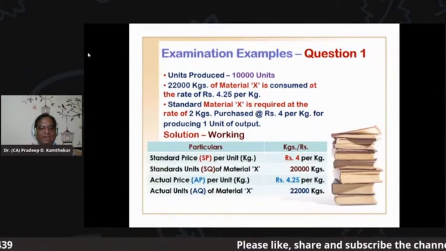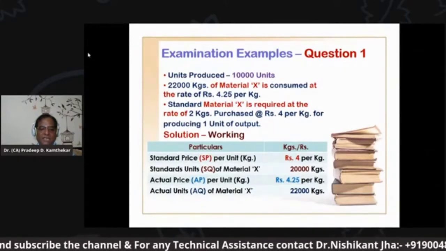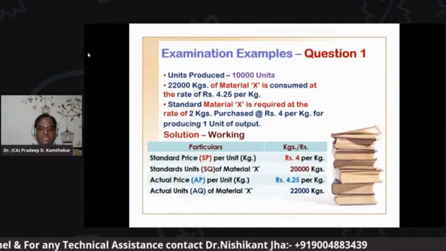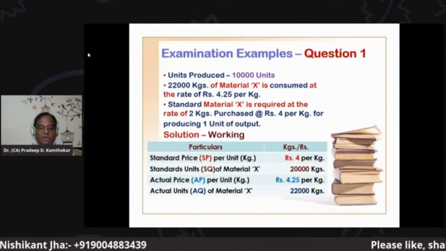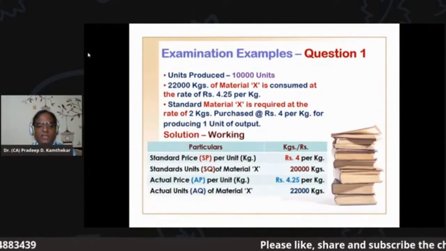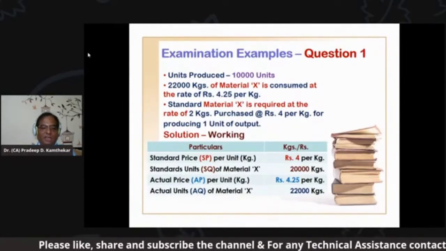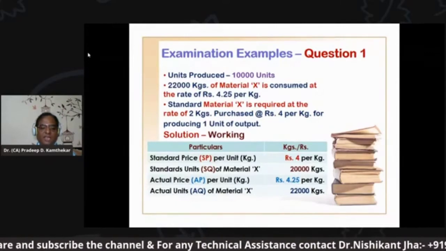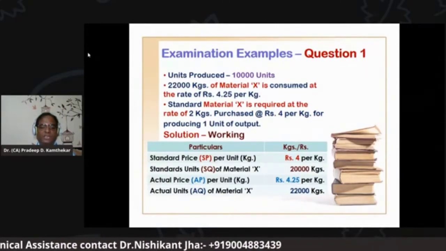Now let us see standard. Standard material X is required at the rate of 2 kilograms purchased at the rate of 4 per kg for producing 1 unit of output. Friends, we have to always understand that whenever you will have a problem in the examination of whatever level, internal or external, you will never ever get standard for the actual production.